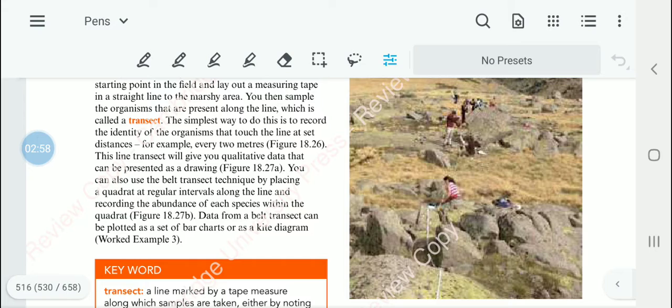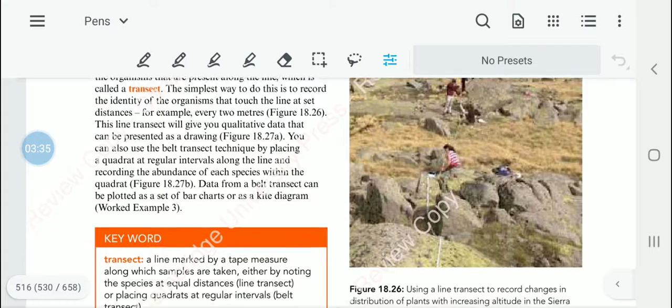The first one is taking a transect, that is drawing a line across a range of physical features, and then identifying which plants or which organisms touch that line at certain distances, for example every 2 meters. This line will give us quantitative data that we can present using graphs and drawings.